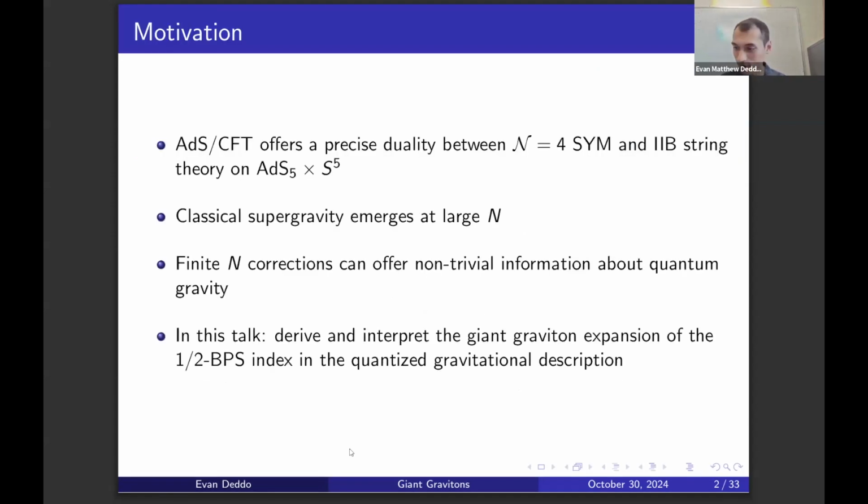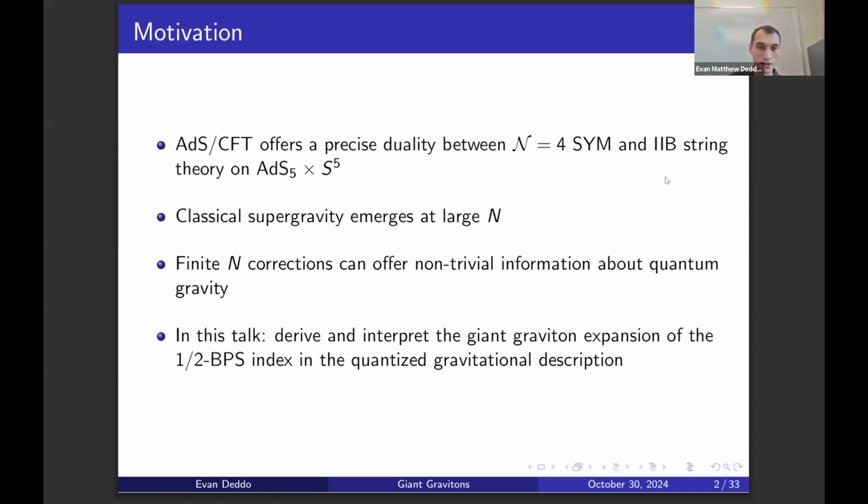So as we know, the AdS/CFT correspondence gives us a precise duality between certain gravity and quantum theories. In particular, we have the usual correspondence between N=4 super Yang-Mills and type IIB string theory on AdS5 x S5. This will be the main backdrop for this talk.